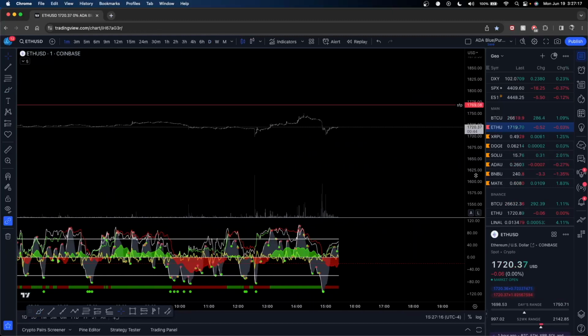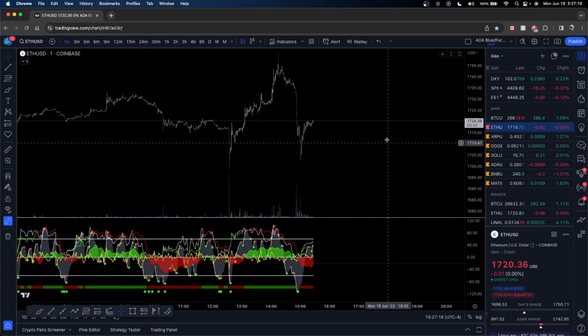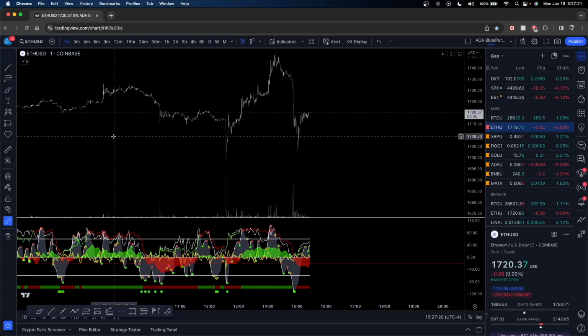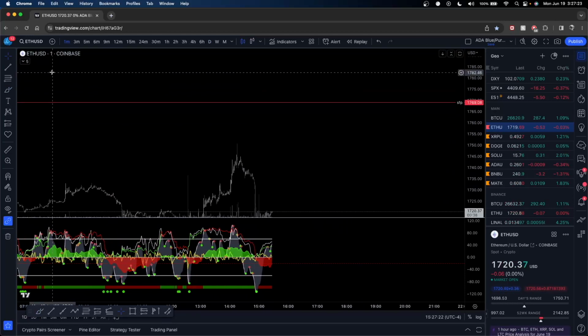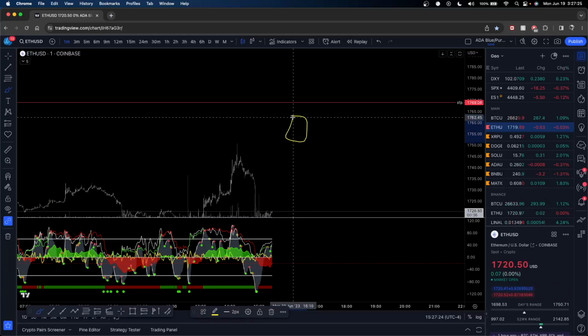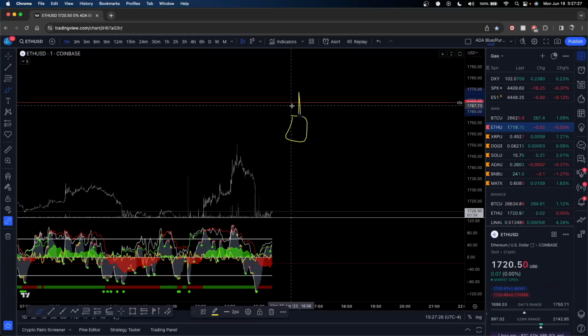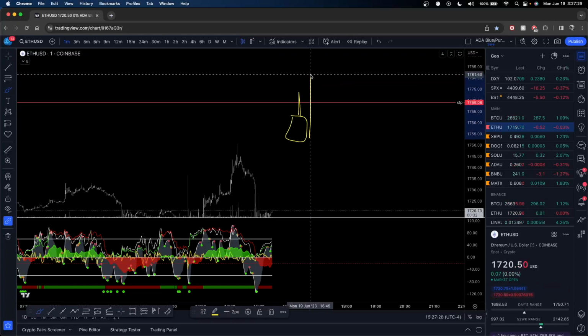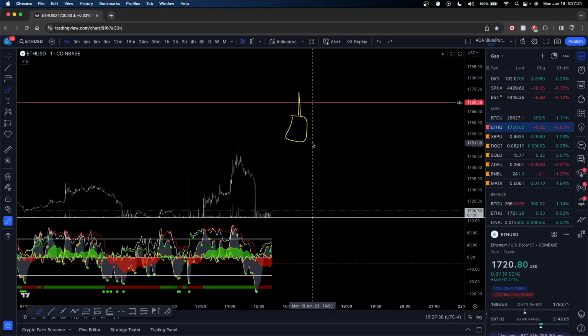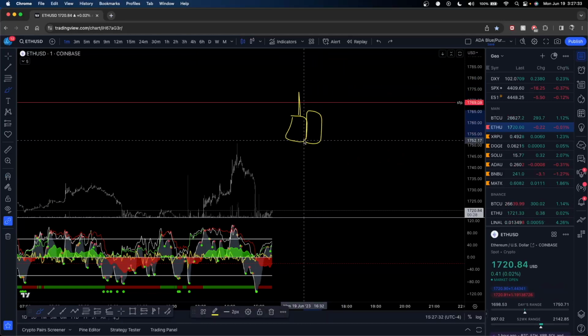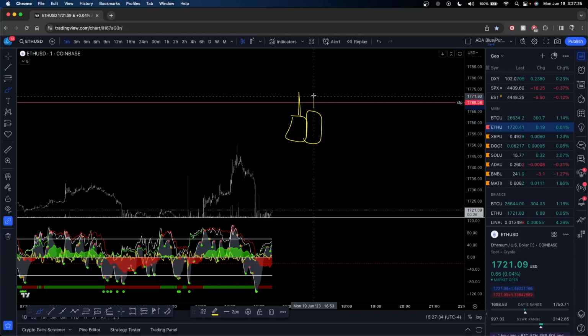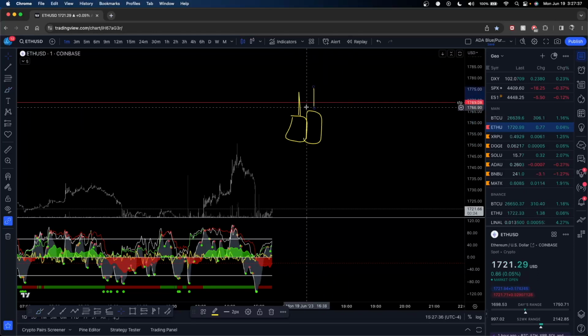If this is your SFP level, and then price does this, and you get in, it's never going to do this. If it is a correct SFP, it's never going to come up and wick again. It will never do that.